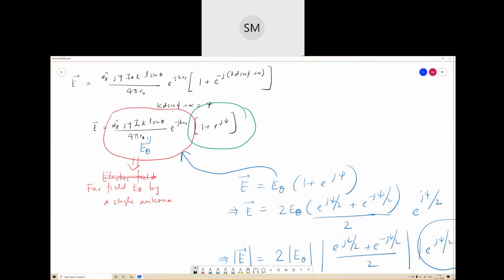Right? The terms in the red are the terms due to one single antenna, and the term in the green is coming due to the array. Agreed?